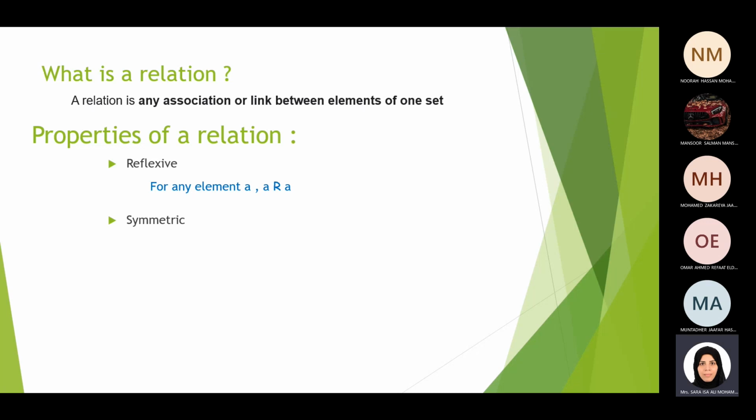The second property, symmetric. Symmetric means I have two elements, A and B. If A related to B, then B related to A. If A not related to B, I don't care about it, B is not related to A. So here you will find that symmetric is represented by an implies statement: A R B implies B R A. So if we want to prove it directly, we assume that A related to B, we have to show that B related to A. You will see later on when we are solving the problem, we should assume the premise, we have to show the conclusion.